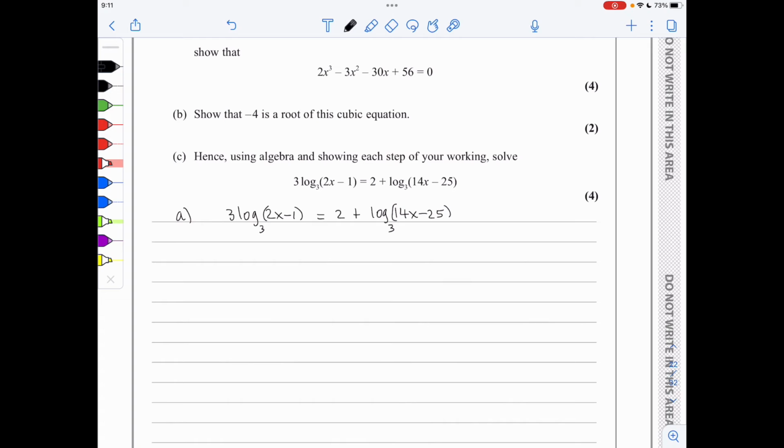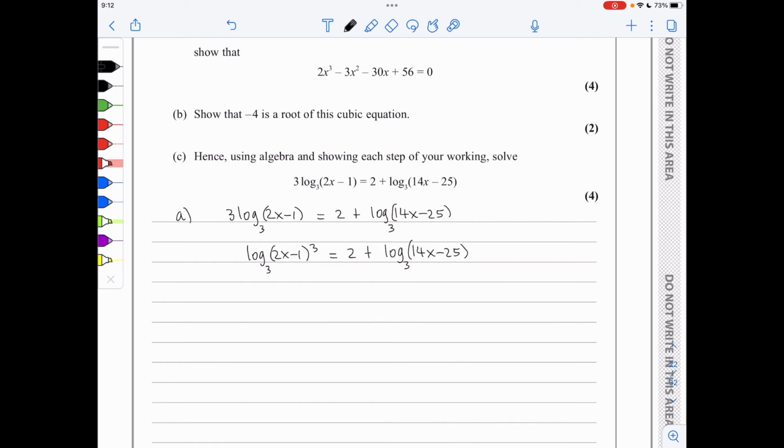I will start by writing this as log of 2x minus 1 to the power of 3 base 3 is equal to 2 plus log of 14x minus 25 base 3.